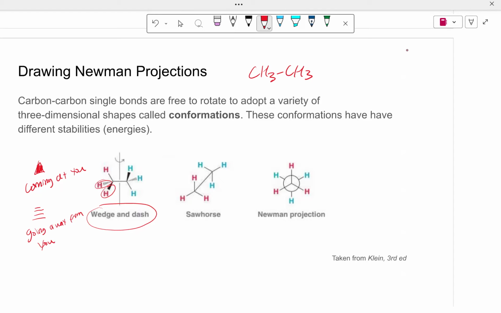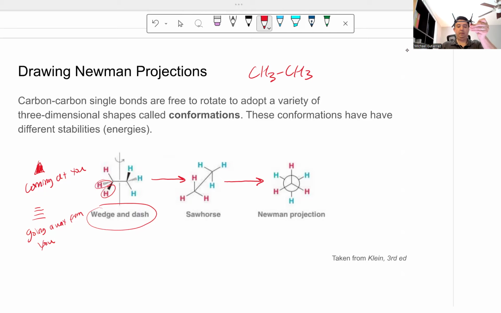Now, in order to go from this side-on view, which is how we normally view things on paper, to a head-on view, we rotate the molecule around a little bit. So we rotate it a little bit, we get this sawhorse conformation. I'm probably not going to say another thing about a sawhorse, because if we rotate it 90 degrees, we look at it head on. So this is essentially what we're doing.